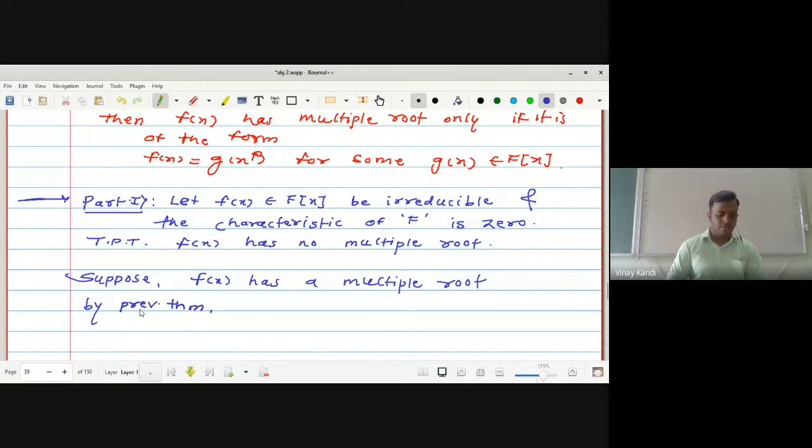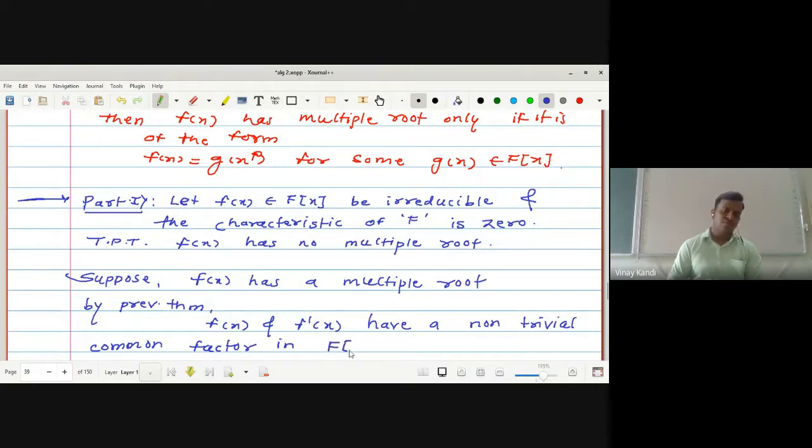we have f(x) and f'(x), that is the derivative of f(x), have a non-trivial common factor in F[x].